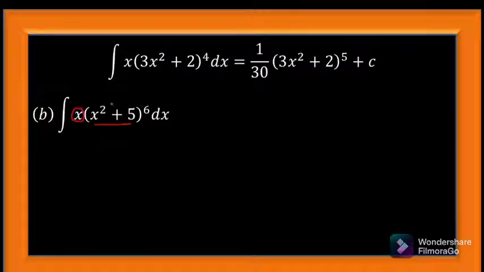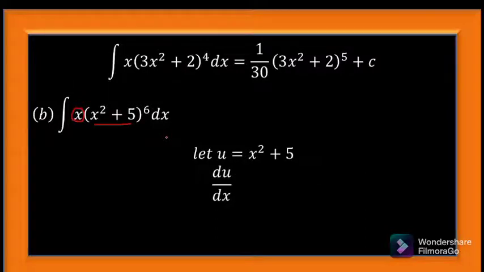So it means the best choice would be that we keep this power, then we maintain it as we move on with our integration. So the best choice here is to let our new variable, which I'm going to use as u, be x squared plus 5. When I do that, I will now look for du dx, and du dx becomes 2x. I make dx the subject. It becomes du out of 2x.